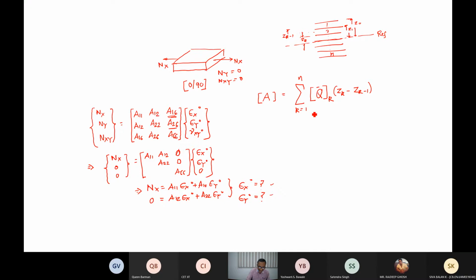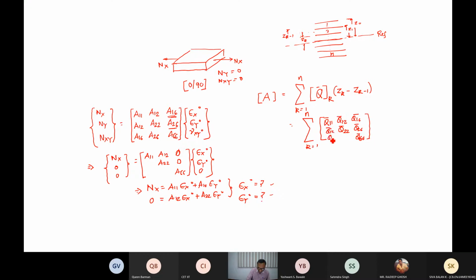So this is the A matrix, okay? If you expand this, I am writing it like this, k going from 1 to n. So this is Q11 bar, Q12 bar, Q16 bar, Q22 bar, Q26 bar. I am not writing the lower triangle because it's symmetric. Okay, I'll write it.